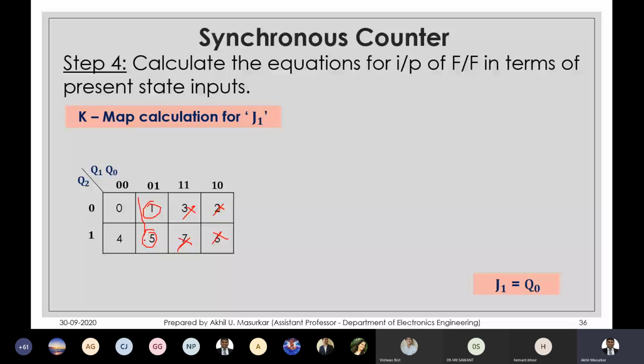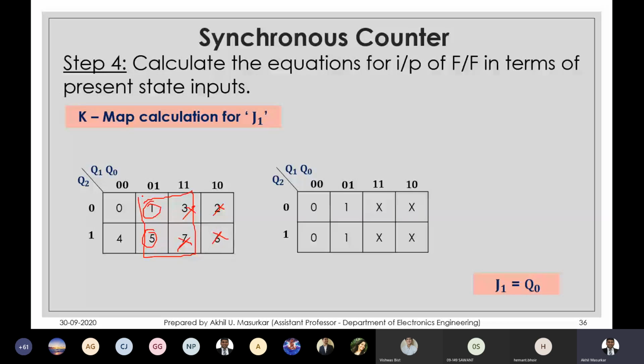So you can see that we will have a quad. And what will be the value of this? J1 and K1 both are Q0. Correct? Good. Go for J0 and K0.